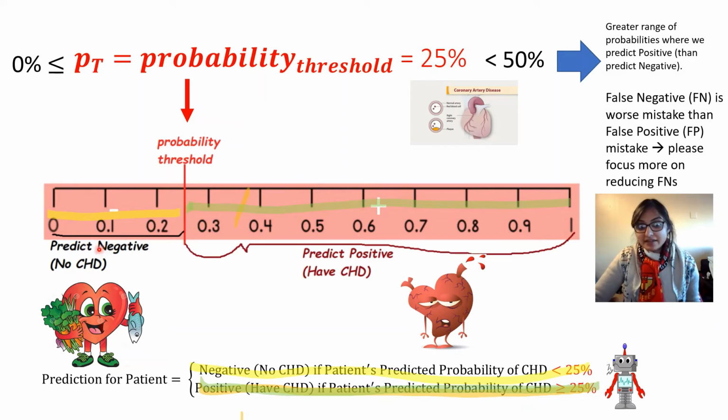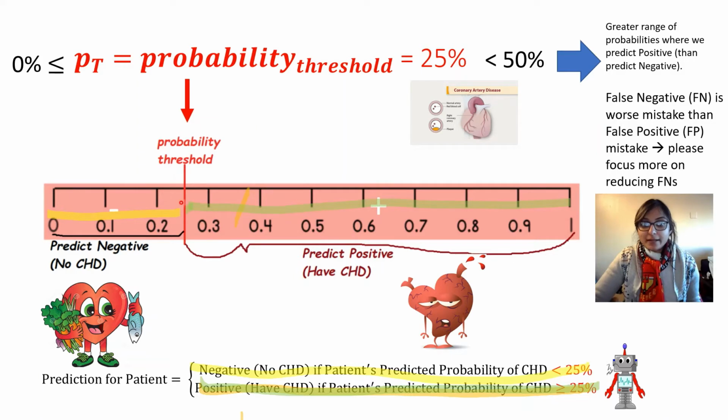Because negative, according to this viewpoint, when the probability threshold is less than 50%, means that we believe that wrongly predicting that someone is negative when they're positive, a false negative, is a worse mistake than a false positive, than predicting that somebody who doesn't have CHD has CHD. So we want to focus more on reducing false negatives.